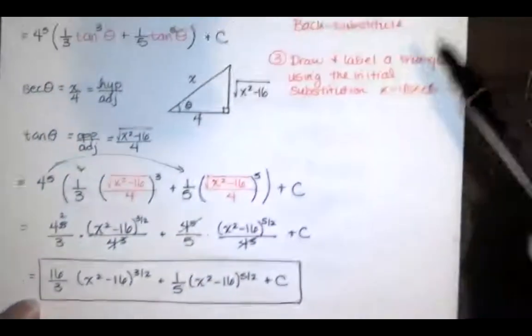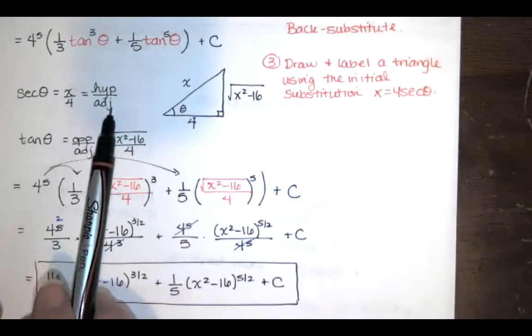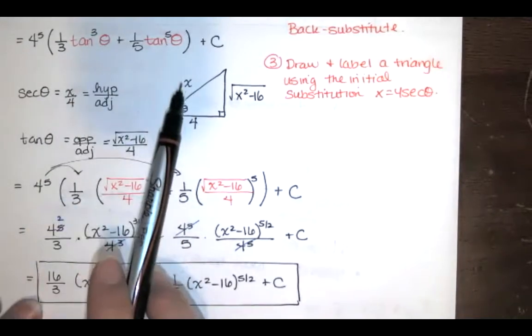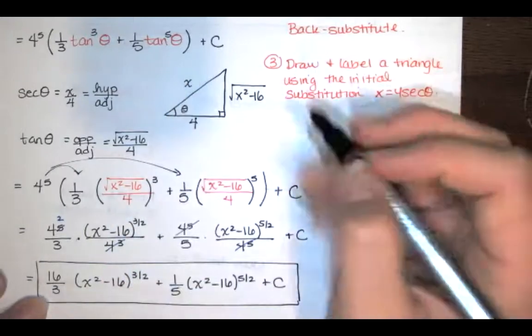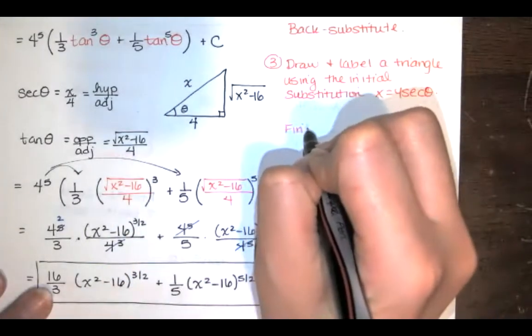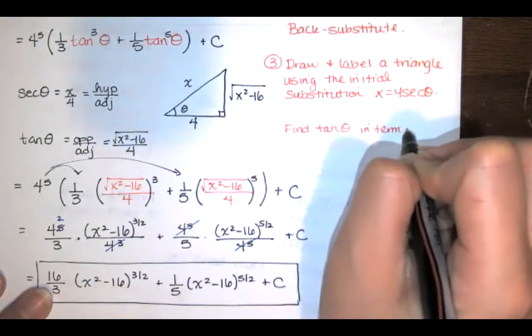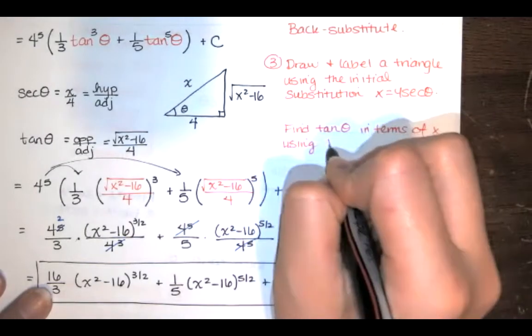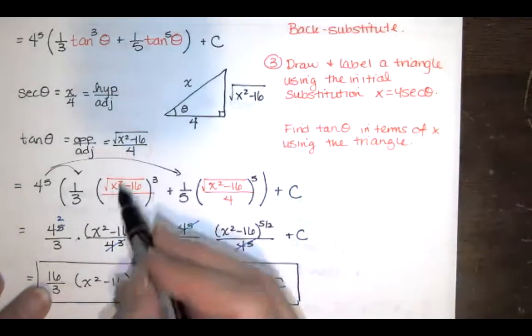So we drew and labeled the triangle using our initial substitution. And then we found tangent of theta using right triangle trig and the sides of this triangle. And then we just substituted.